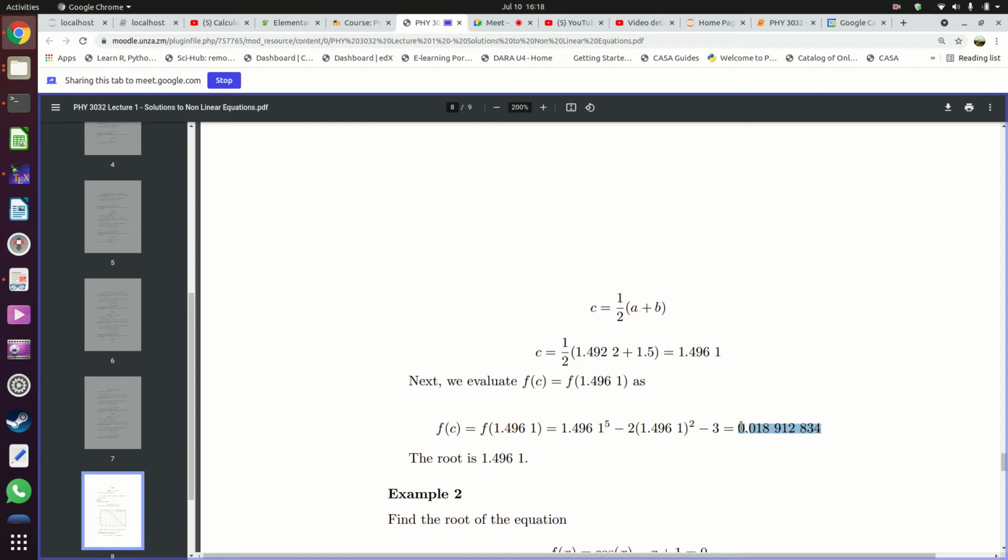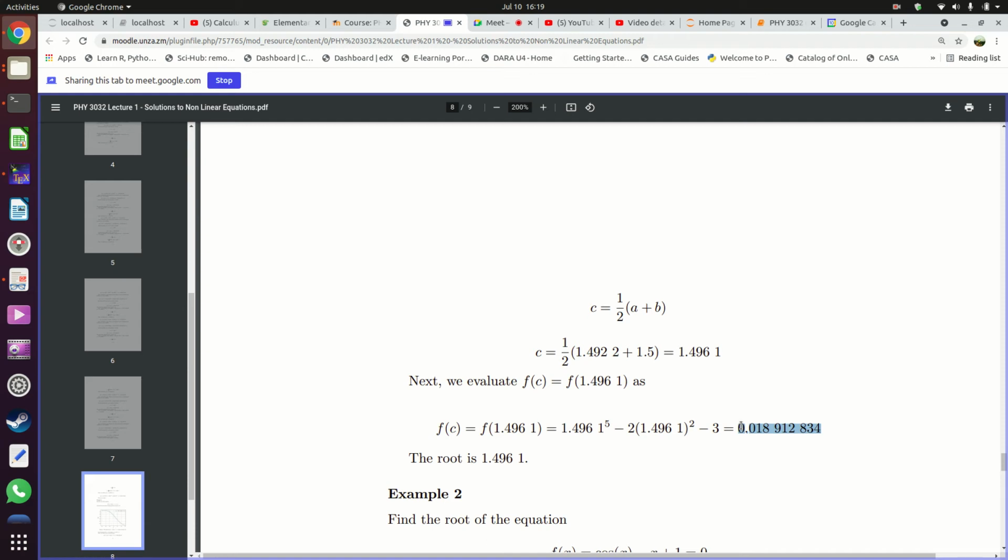to 0. So basically, when you're doing these methods like bracketing, you don't actually come up with an exact answer. The answer you're going to find will not give you exactly f of x equals 0. Are we clear? These solutions will not give you f of x exactly equal to 0.